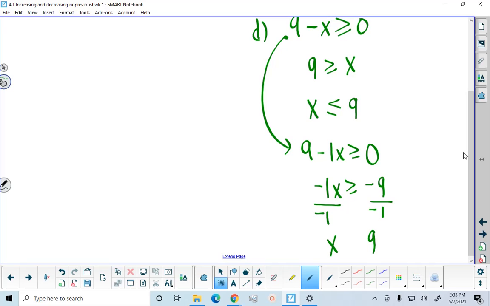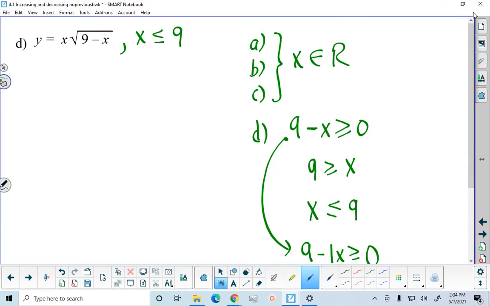But you're taught this rule in junior high that whenever you multiply an inequality, that means less than, greater than, less than or equal to, greater than or equal to, when you multiply or divide an inequality by a negative, you have to flip the sign over. Anyway, we need to know what the domain of this is before we go on. Now what we're going to do is find the derivative.